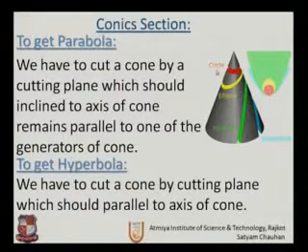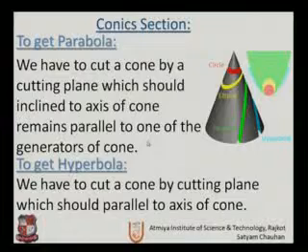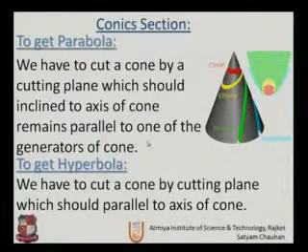So from now we understand how to get a circle, an ellipse, and a parabola. Next on our list, how to get a hyperbola. We have to cut a cone by a cutting plane which should be parallel to the axis of the cone. So here is the third condition.